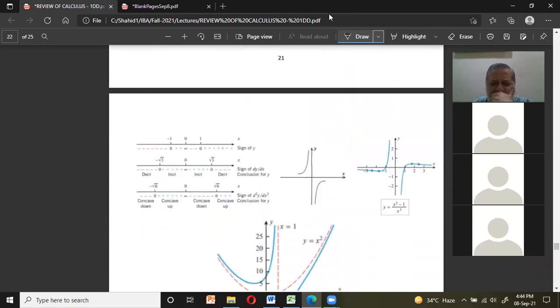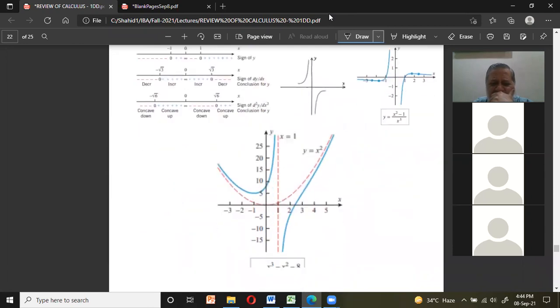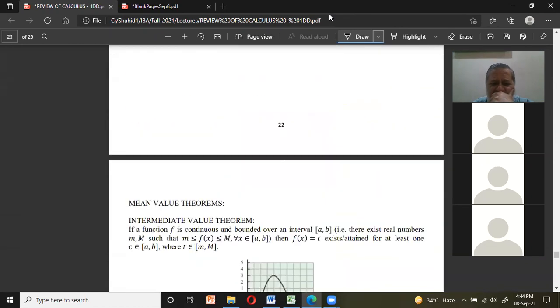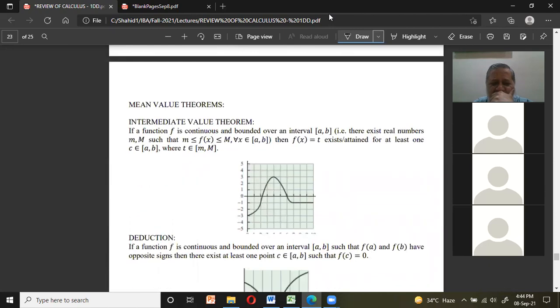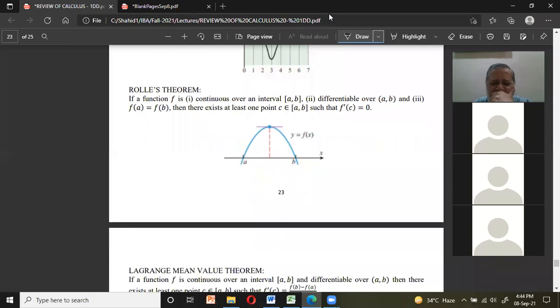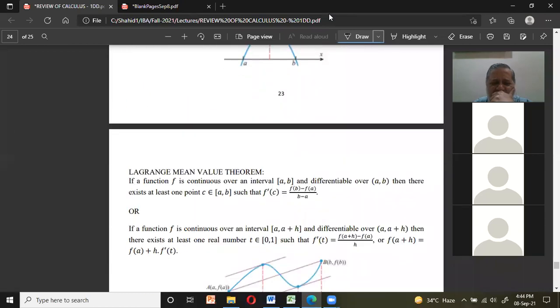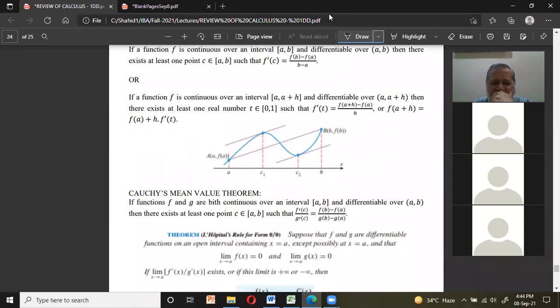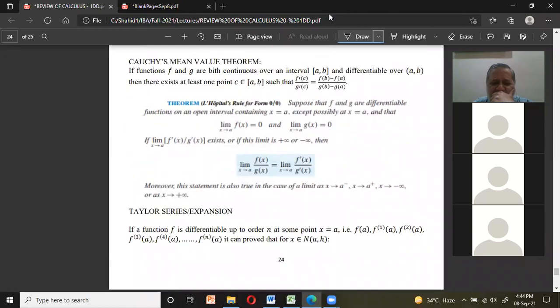I think I don't need these asymptotes right now, as well as these mean value theorems, Rolle's theorem, rather Cauchy mean value theorem.